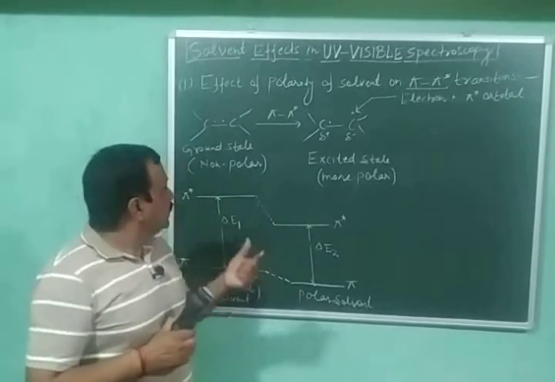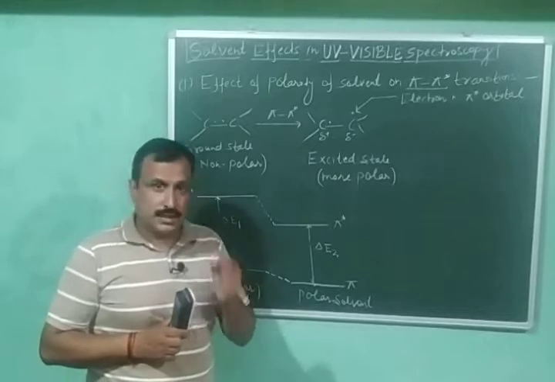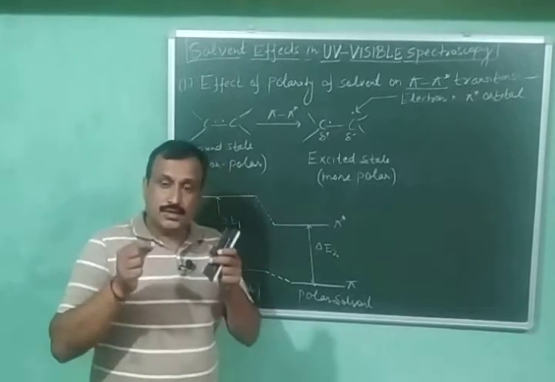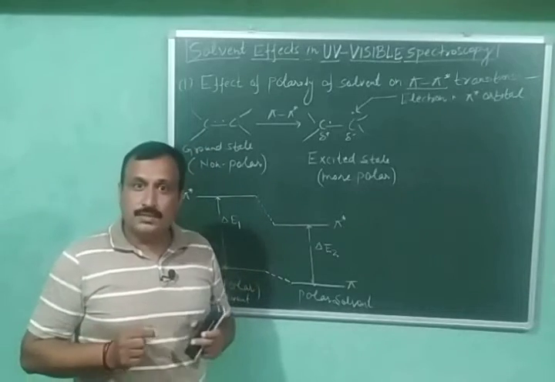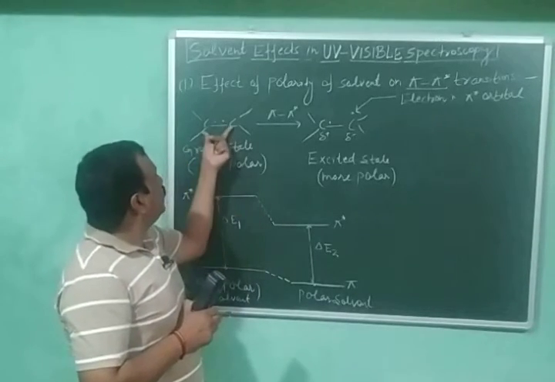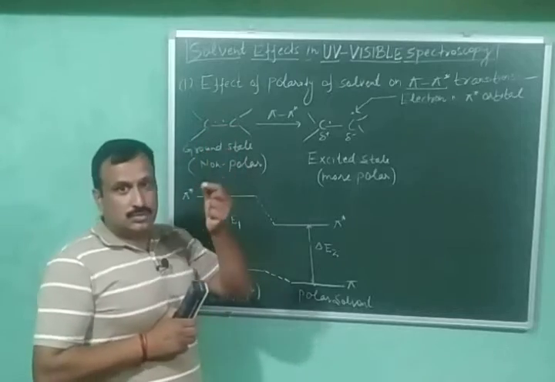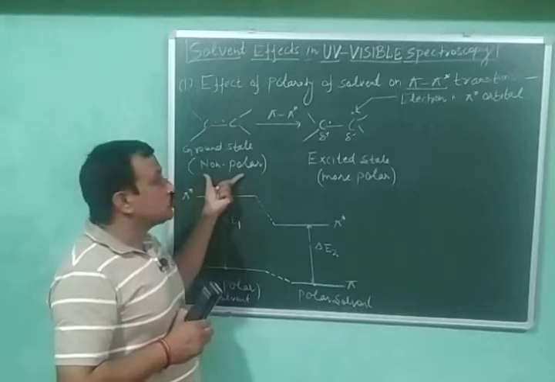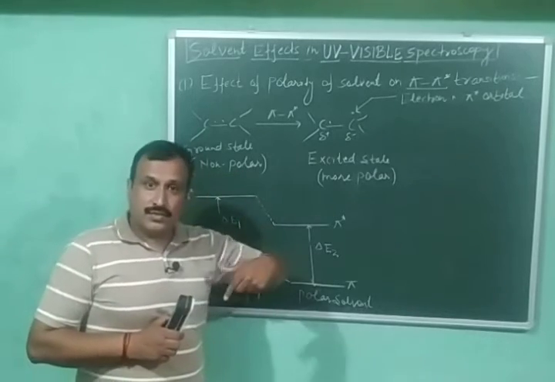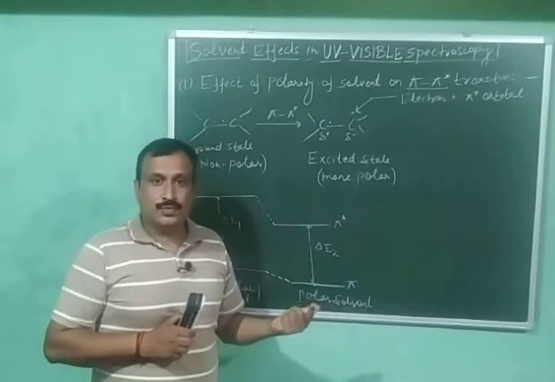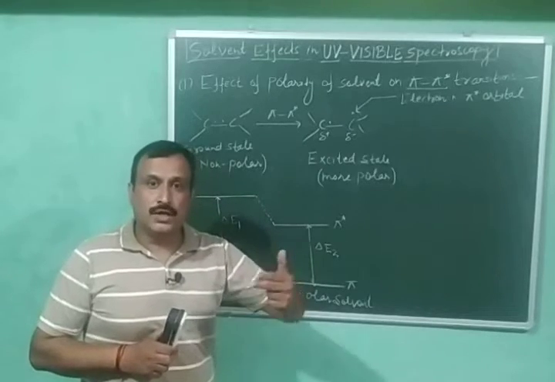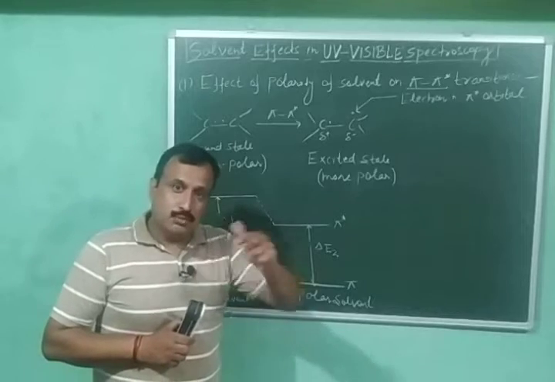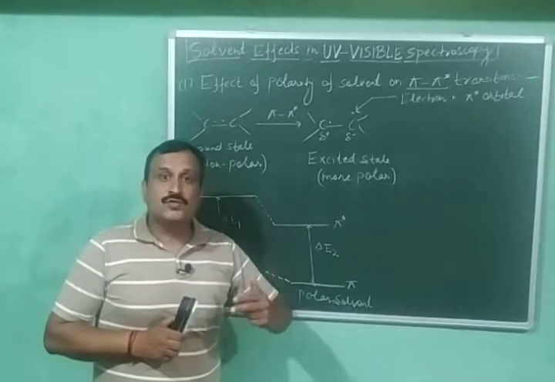In this case the excited state is more polar than the ground state, because in the ground state the two pi electrons are present in the same bonding molecular orbital and they are equally shared between these two carbon atoms. So this ground state is non-polar. After the excitation, one of the pi electrons has moved to the pi star anti-bonding molecular orbital, so some polarity will be developed, some positive and negative charges.